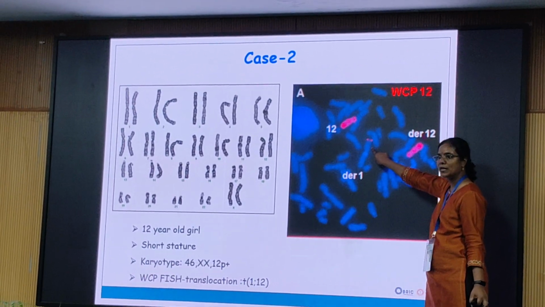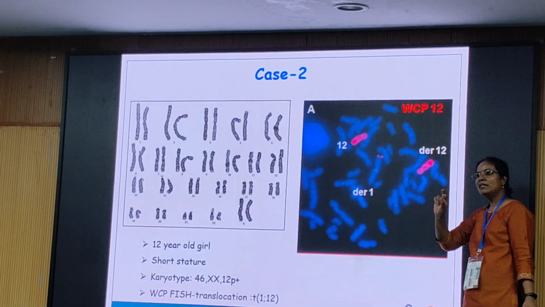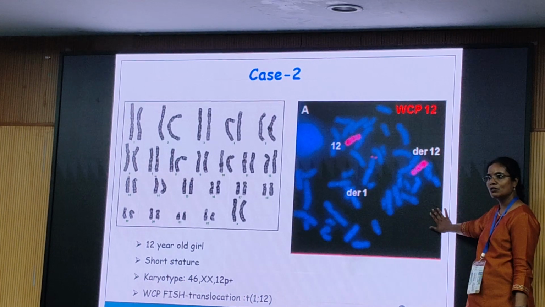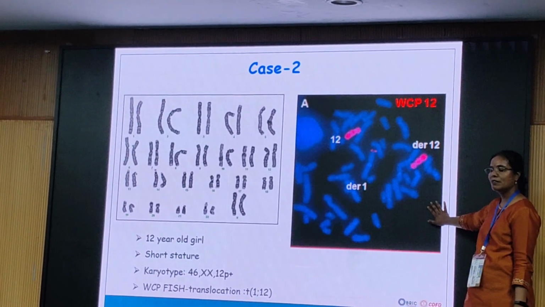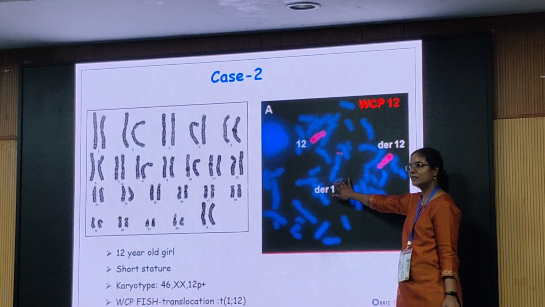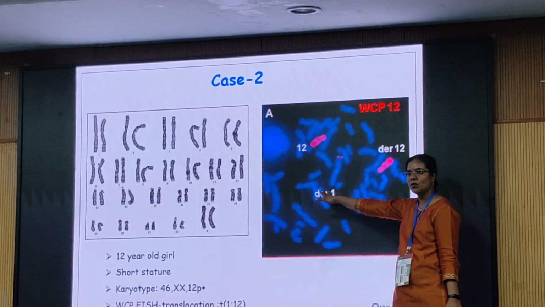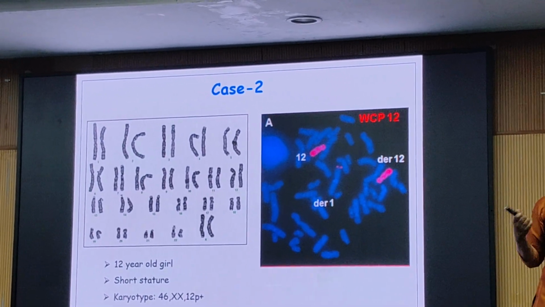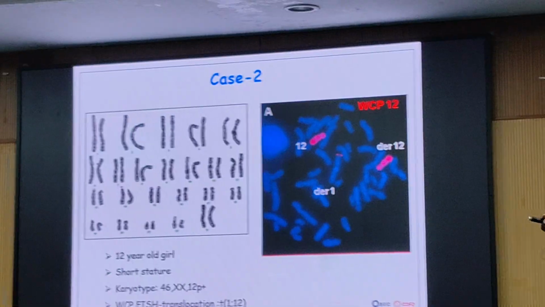So usually FISH is a confirmatory technique, but here FISH has become a diagnostic technique in this particular case, because whatever that additional material is, we identified that this is a translocation involving chromosome 12 and 1. So sometimes your test also will give you some additional information.